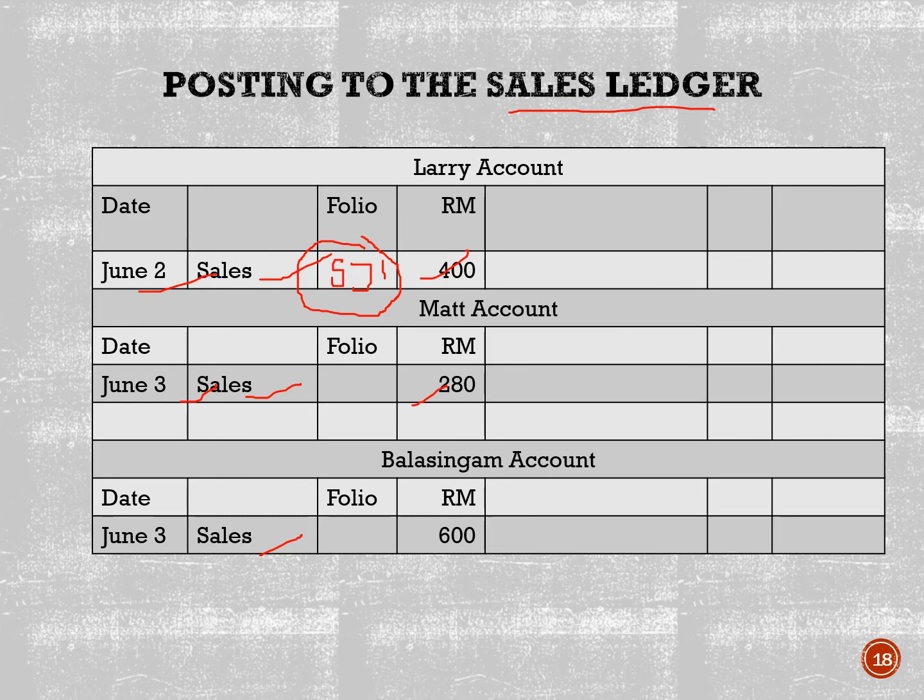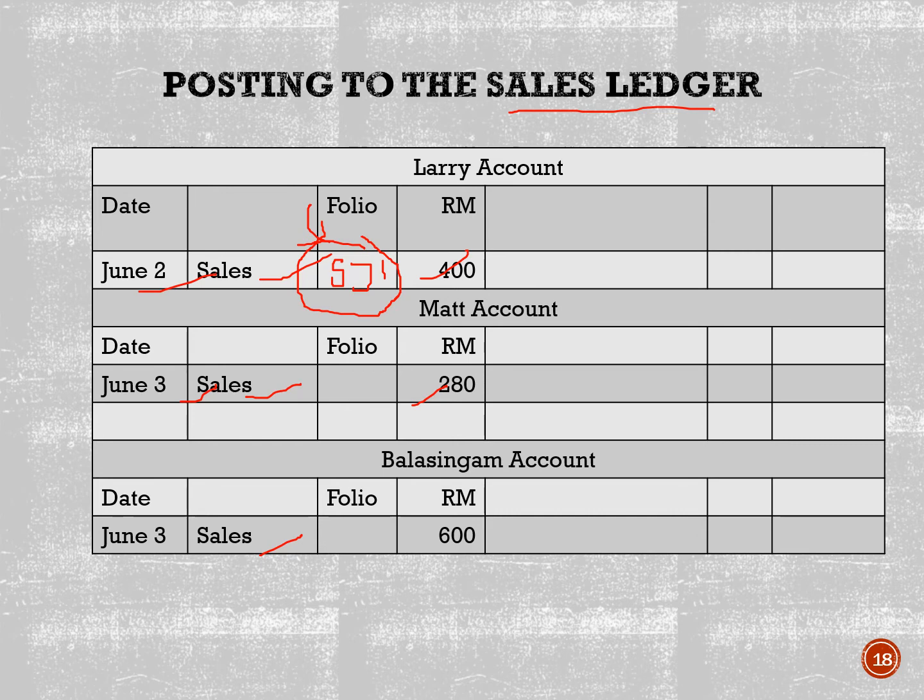Tapi kalau contoh dalam soalan usually untuk final exam dia akan minta you untuk buat this book of prime entry. So you have to open up the journal, ledger. So in case tiba-tiba you tak tahu you nak tulis apa dalam ni, and then you biarkan kosong. So it's okay as long as the sales journal amount ada dalam sales ledger.